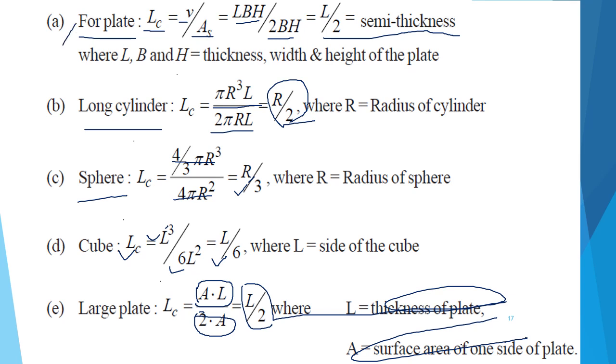So friends, you can see here for different shapes, the characteristic length value is different. So what is characteristic length? That is the volume divided by surface area.